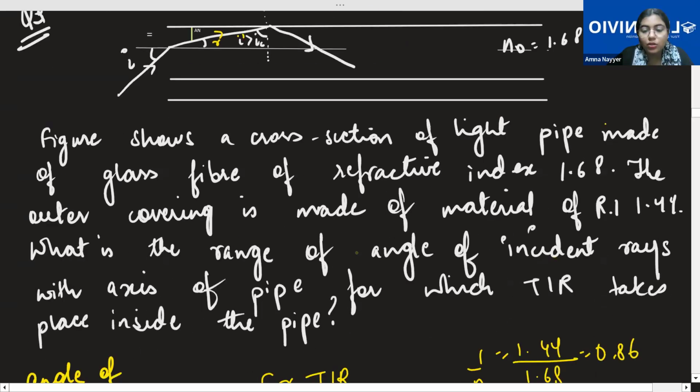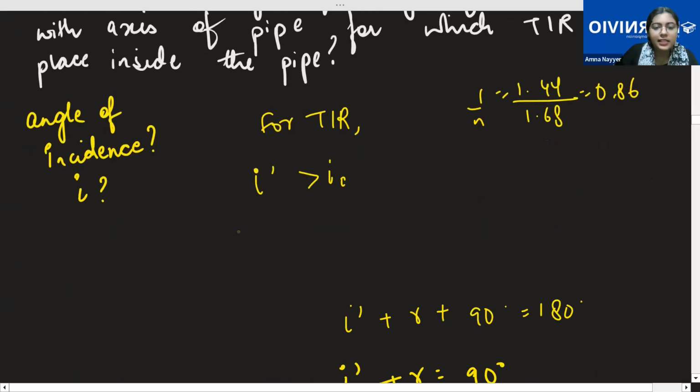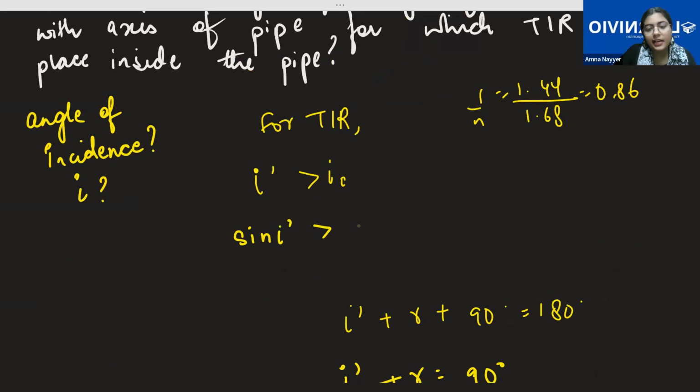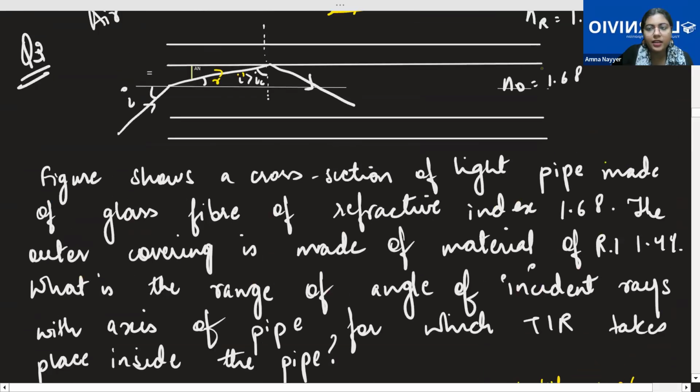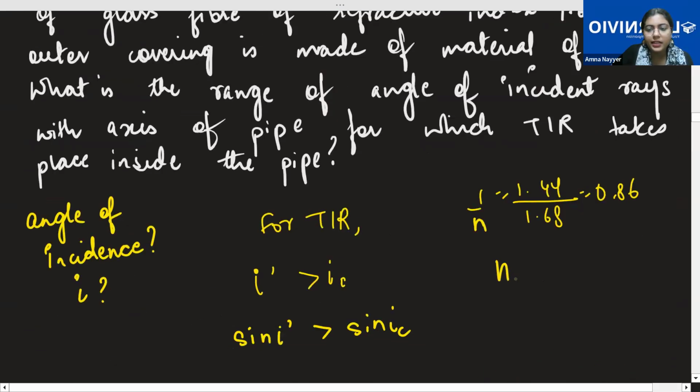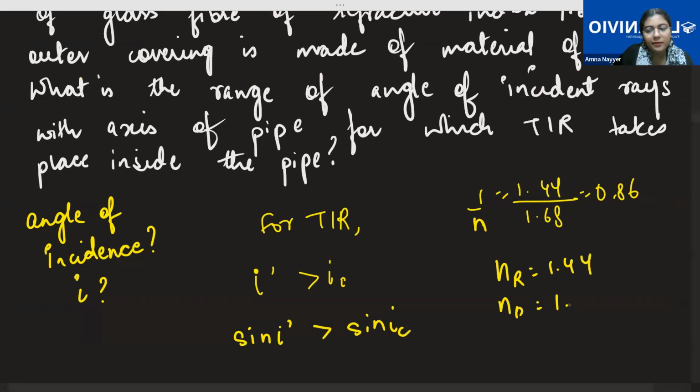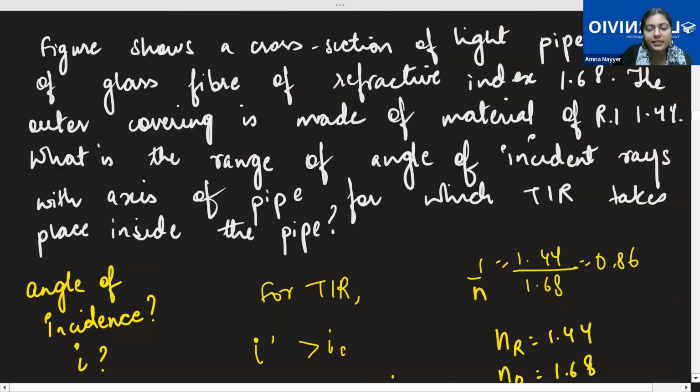So I can say sine I dash is greater than sine I c. Now the refractive index 1 by n. The refractive index here will be basically 1.44. This is the rarer medium, given as 1.44. The denser medium is given as 1.68.